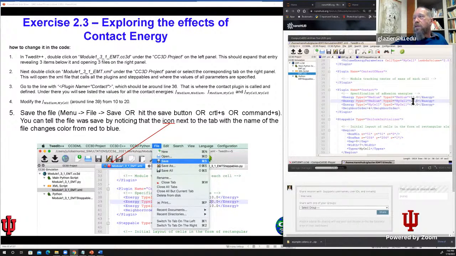And if I change this and don't save it, you'll notice it's a little bit small, but this icon here becomes red. So if I do the save, that icon will become blue. So if I look carefully in the tabs at the top, it tells me whether I've saved my simulation or not.